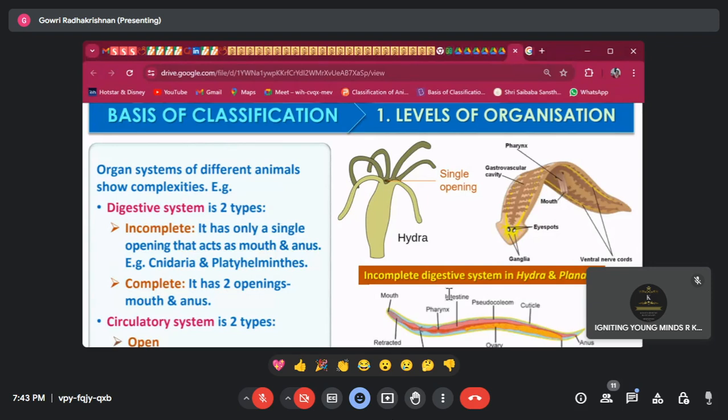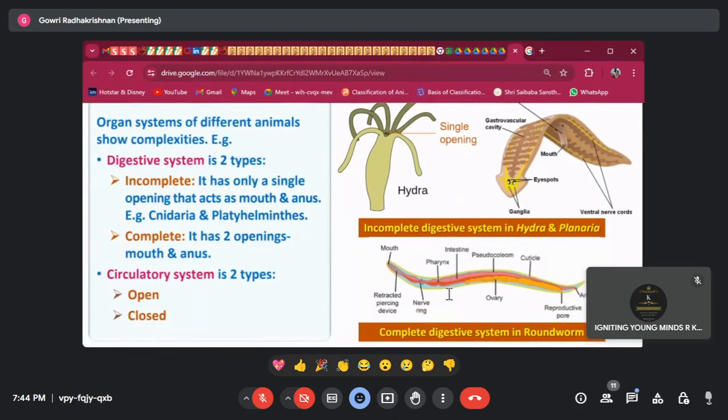What are the organ systems present? Digestive system. If you take some organisms, the digestive system is incomplete and in some it's complete. When do you say the digestive system is incomplete? It has only a single opening that acts as both mouth and anus.